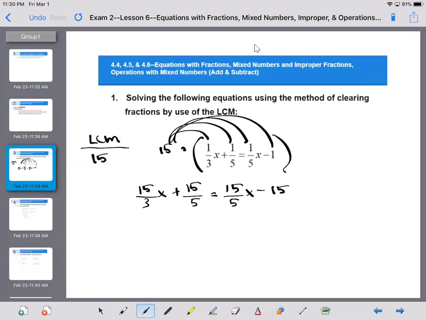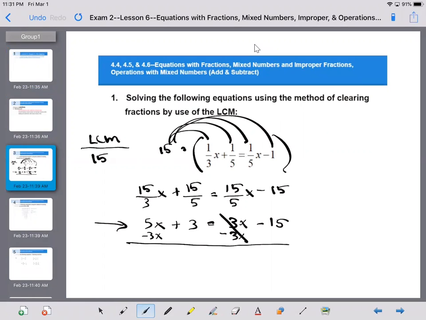So 15 thirds would be 5x, 15 fifths would be 3, 15 fifths would be 3x minus 15. So this is the nice part, that now we have an equation to solve with only whole numbers. So I'm going to move my variable to the left side using inverse operations. I need that to go to 0.